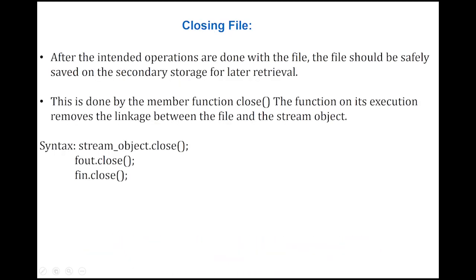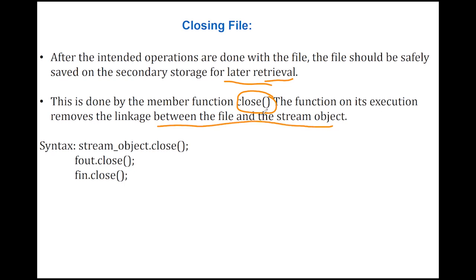So we have done the opening, we have done all the processing. After that, how do we close? Is it required? Yes. After the intended operations are done, the file should be safely saved on the secondary storage for later retrieval, isn't it? Now this is done by the member function close. The function on its execution removes the linkage between the file and the stream object.